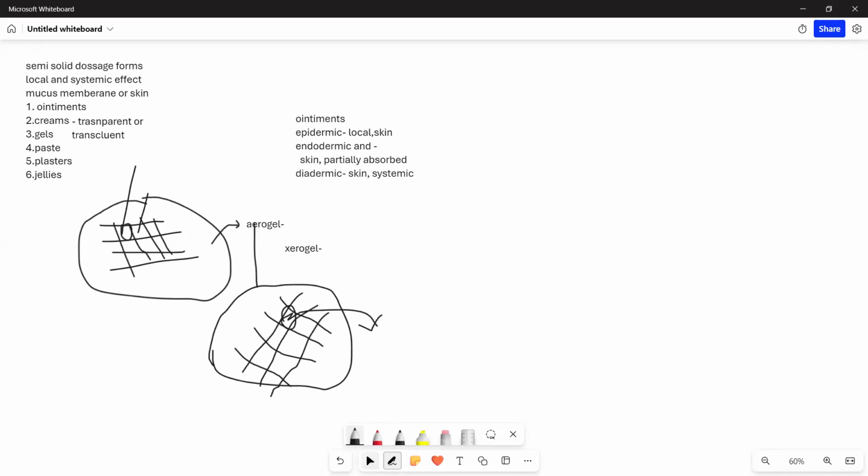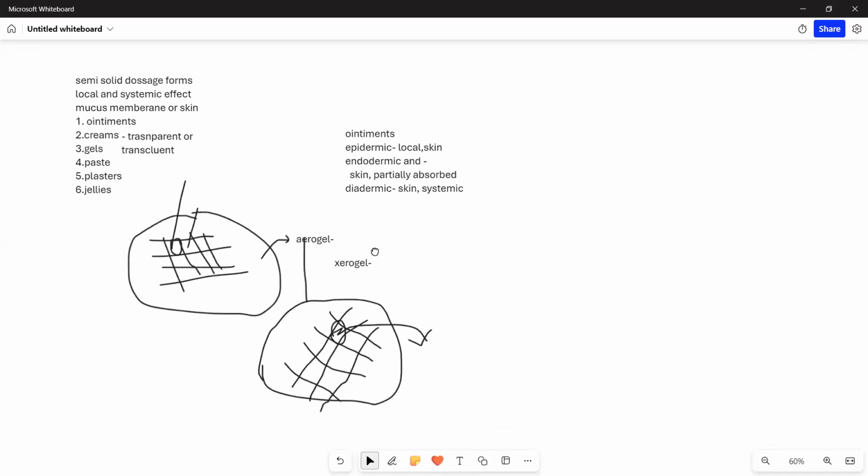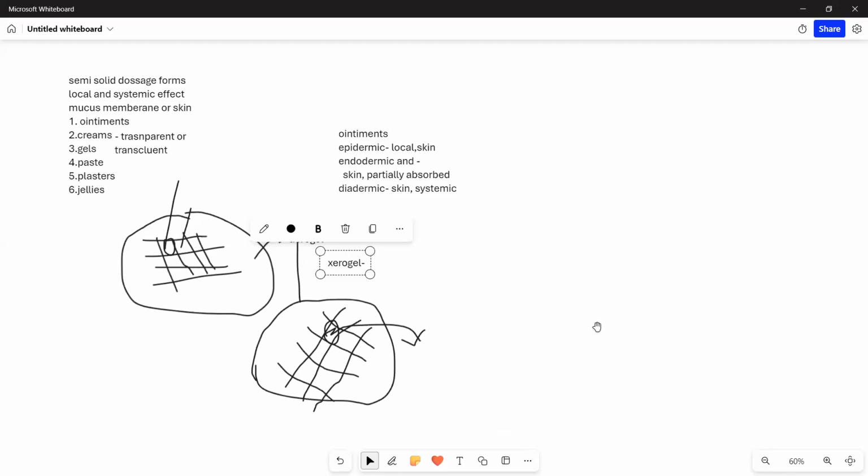Now let us discuss xerogel. What is meant by xerogel? Framework of gel without dispersion medium. Great, Vivek. It's the framework of the gel without the medium, without the liquid. No solvent is present.